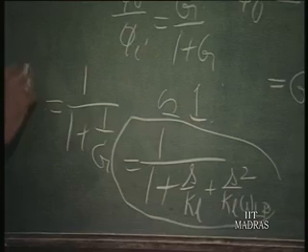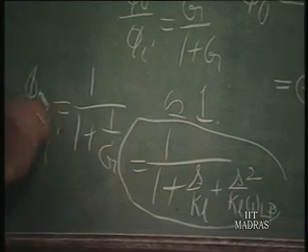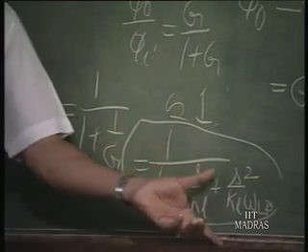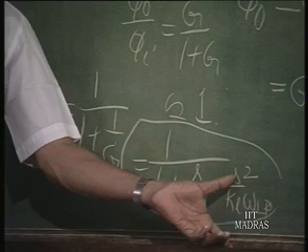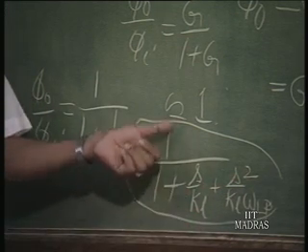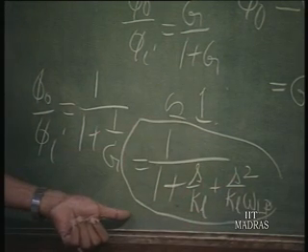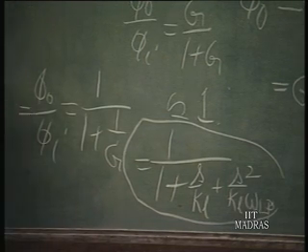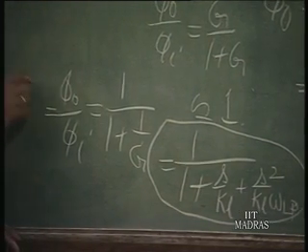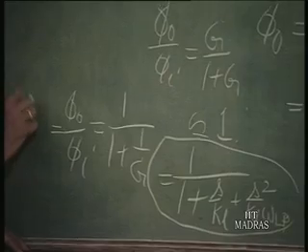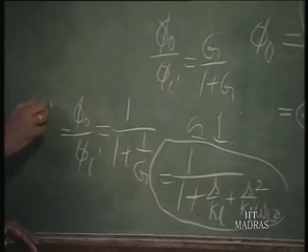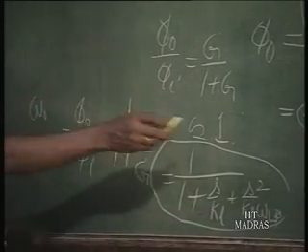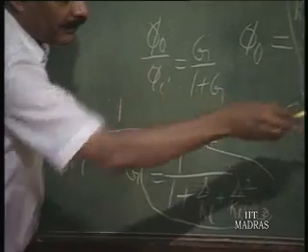This is going to be equal to phi naught over phi I. If all these factors can be ignored, if KL is very large, this is going to be equal to 1. But we have also shown that phi into S is equal to omega.